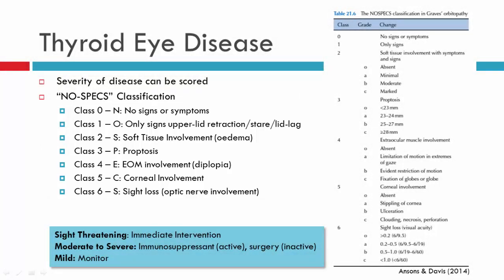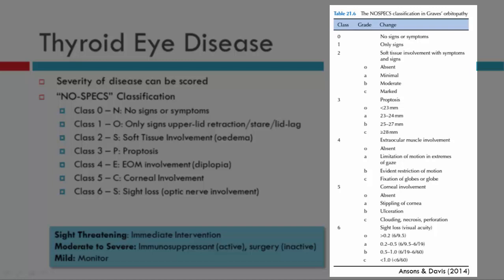So that makes the word NO-SPECS, and as we go from N to S, we're progressing further and further in terms of severity. And here to the right we have from Ansons and Davis the NO-SPECS classification and the grading system that guides clinicians who work with patients with thyroid eye disease.